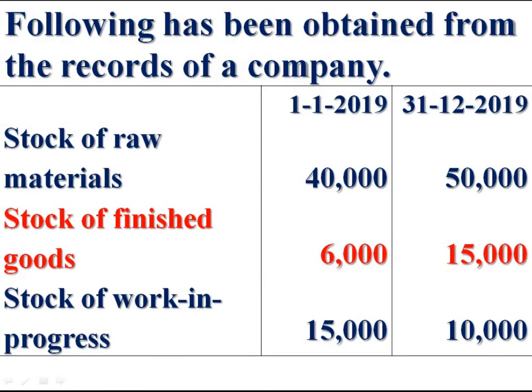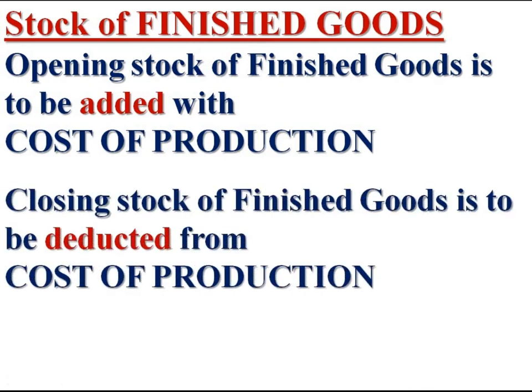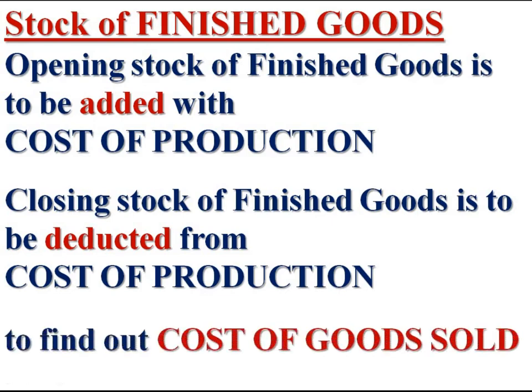Stock of finished goods are given to find out cost of goods sold. With the cost of production, add open stock of finished goods. From cost of production, deduct closed stock of finished goods. Cost of production plus open stock of finished goods minus closing stock of finished goods, we get cost of goods sold.